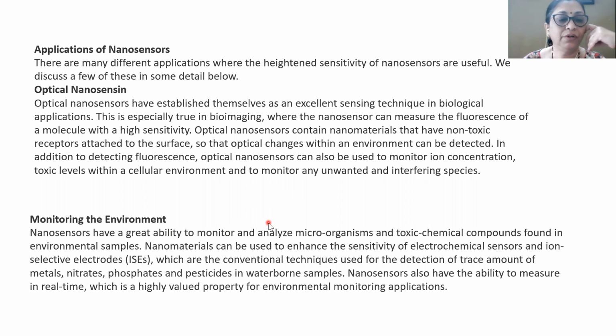Various types of hazardous gases can be monitored with the help of these. At the same time, toxic chemical compounds found in environmental samples can be detected with this type of sensors. Even trace amounts of hazardous metals, nitrates, phosphates, and pesticides in waterborne samples can be detected with the help of nanosensors.